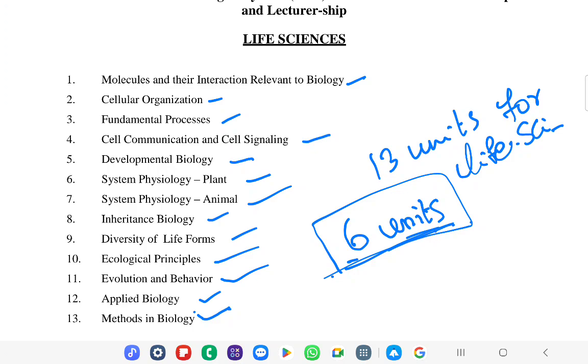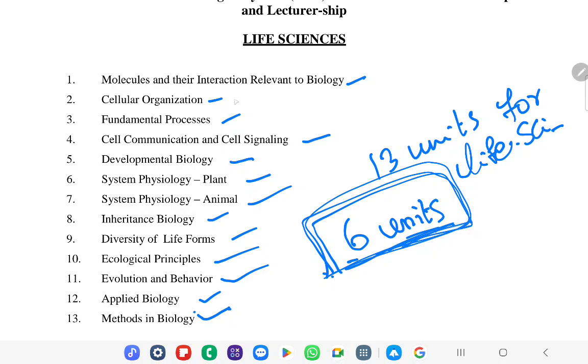Human to human, interest is completely different, so whatever topics interest you, you can choose any 6 units. This session is only for the syllabus, and in the next session we will start discussing the 13 units from unit 1 onwards for CSIR.